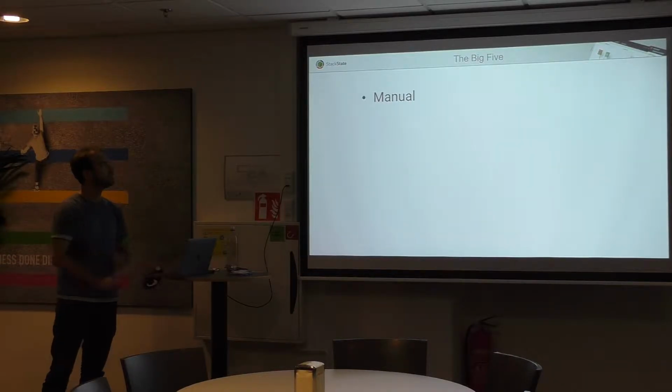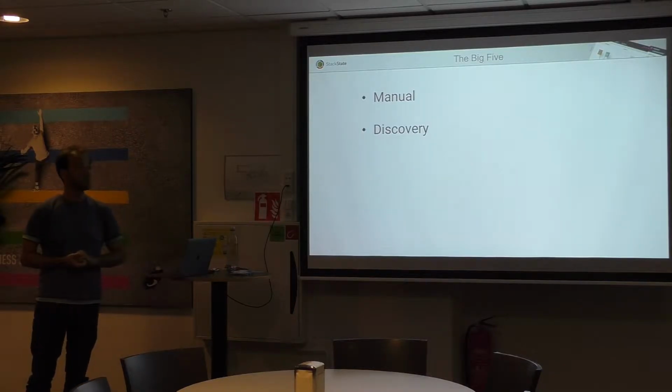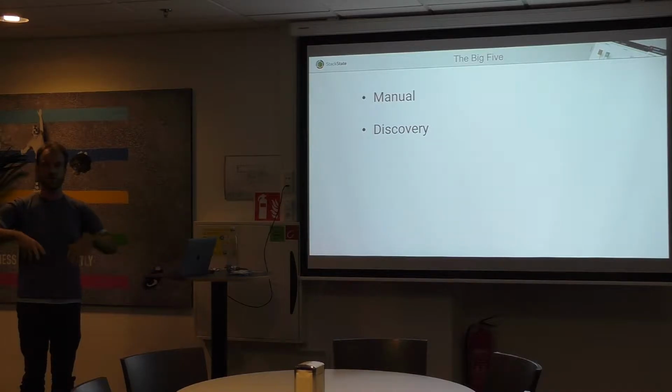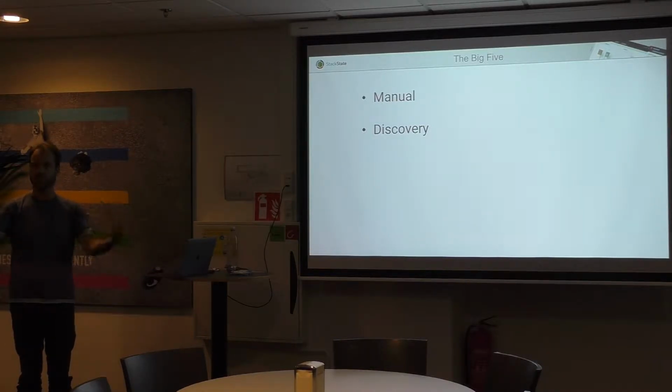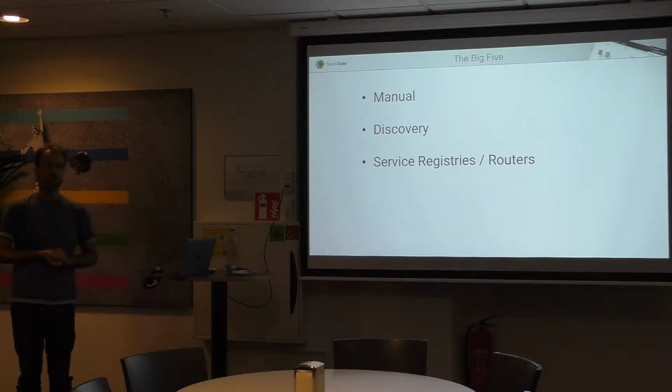So we have the big five, which means the different ways of getting topology in place, so dependency mapping. You can do it manually, you can do it with discovery, which means you just have some software installed and that will look for what's going on. You can have service registries, routers.